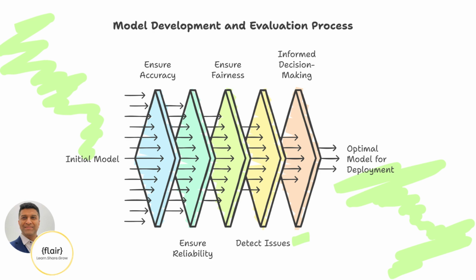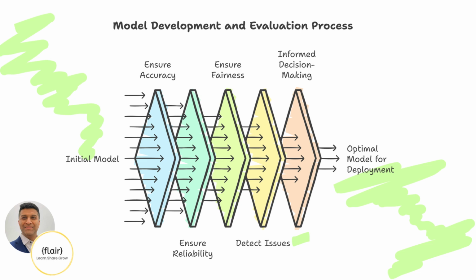Well, model development and offline evaluation ensure that your model is reliable, accurate, and fair before it's deployed. Without this step, you might run into issues once the model hits production, affecting users or business outcomes. Offline evaluation also allows you to make informed decisions about which model is best suited for a given application.